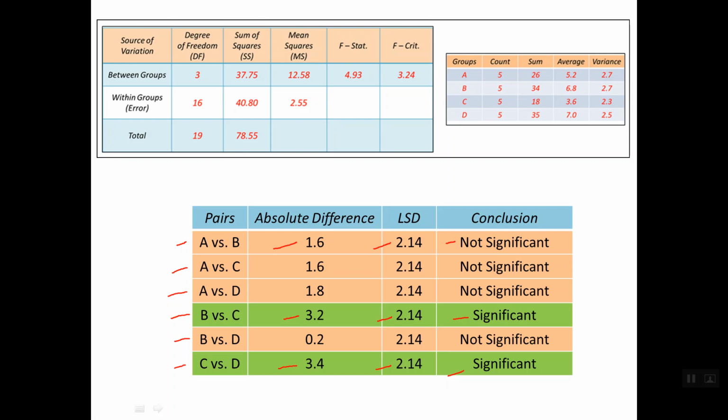But first, let's mention some features of the Fisher's least significant difference test. As we see here, the value of the LSD, 2.14, is significantly smaller than the value of the difference for other tests. For example, for Bonferroni, the value of the significant difference will be greater than 2.14.